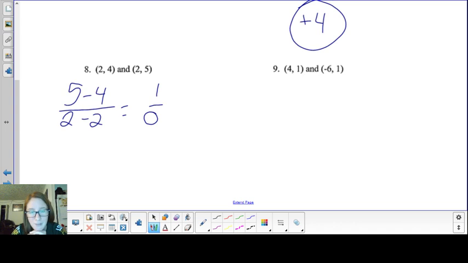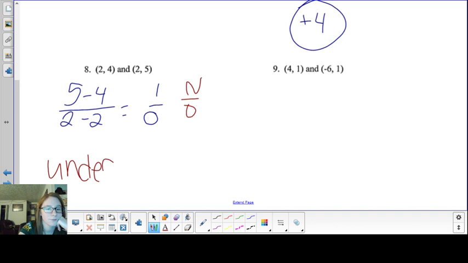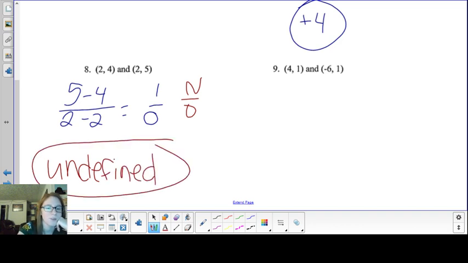If you notice in my classroom, and I think Miss Seitz has one, and I think Mr. Heiss has one, I just don't know where it is. We all have posters that I made last year that tell you what the answer to this is. Can you divide by 0? No. So my answer is undefined. If you ever have 0 in the bottom, it's not a possible thing, so your answer is undefined.